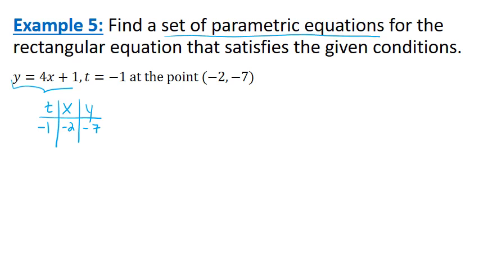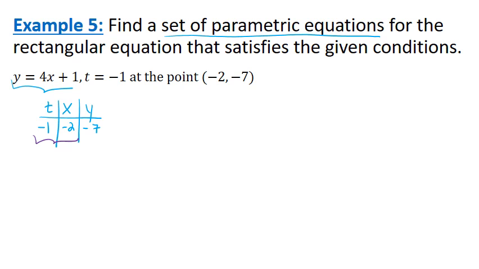Okay, so when we say I need a set of parametric equations, I need an equation for x and an equation for y. Well, like before, you can really pick anything you want for x, but we need to make sure that it falls in line with what we're dealing with.